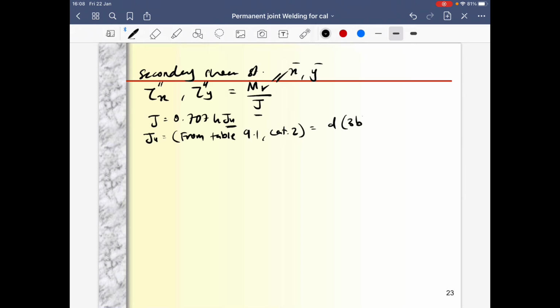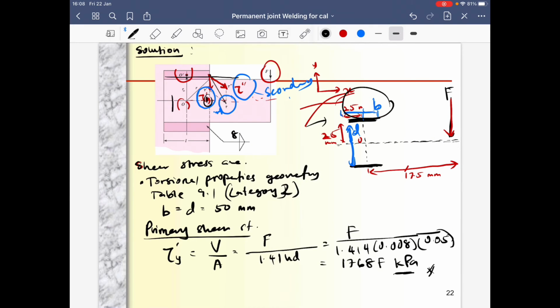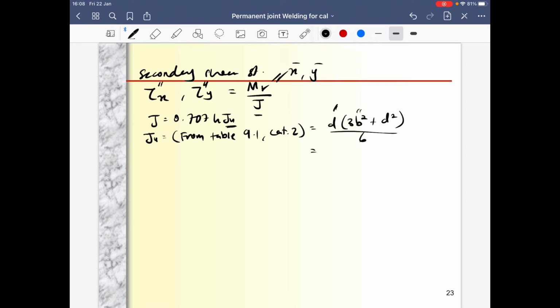D, 3b power of 2 plus t power of 2 over 6. So what is D? What is B? D and B is from this, B and D. Okay, then you just write it down.